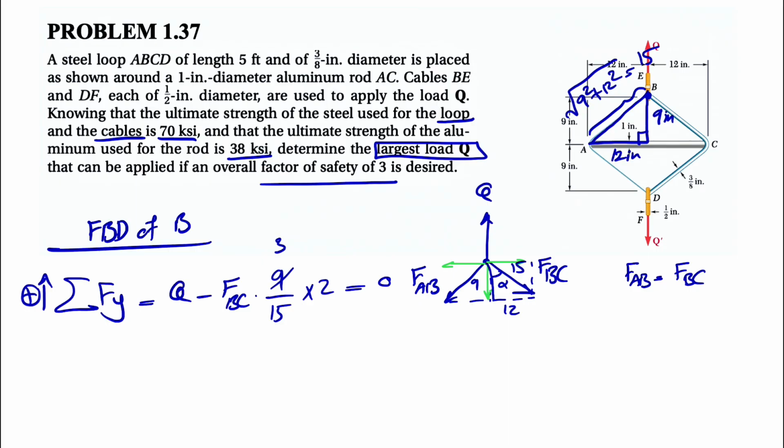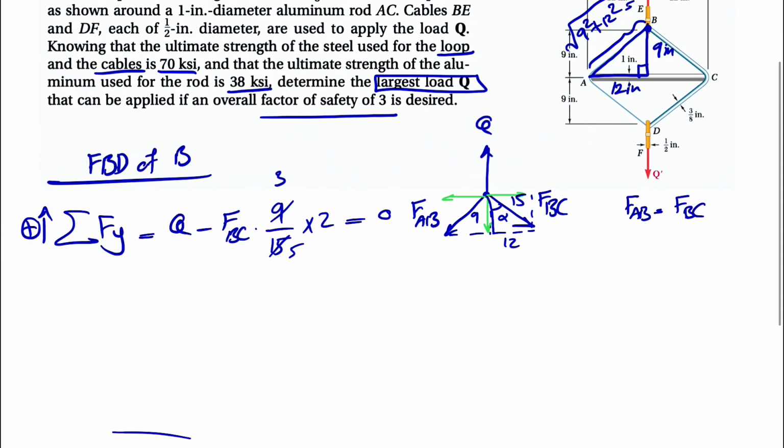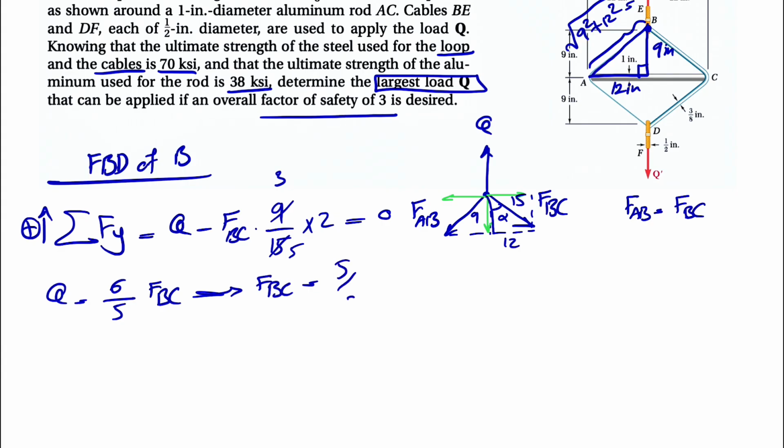We can simplify this if we divide by 3. So our Q in here will be 6 over 5 FBC, or our FBC is equal to 5 over 6 Q.